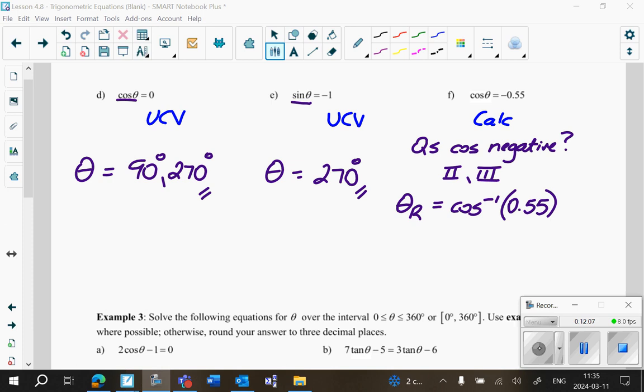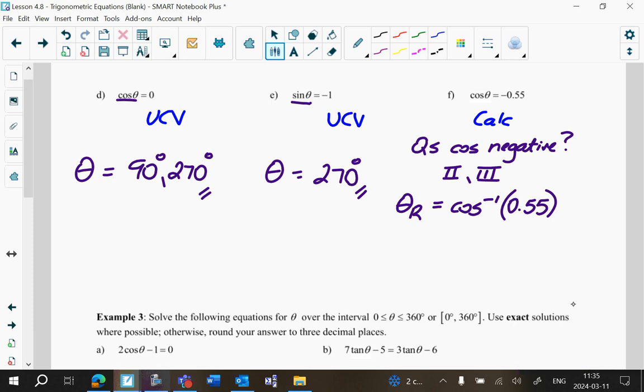So what did we get? 56.632? 56.633. Okay, good. So now we know what quadrants it's in. We know our reference angle. It's going to help us find the actual angles.